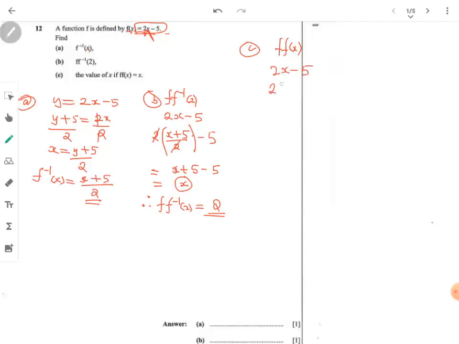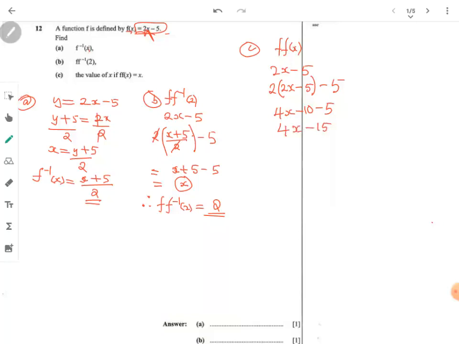So I'll say 2, I'll get another f, I'll put inside, only where there's x. I've replaced this x with the same function f. I'll now multiply this to give me 4x plus 10, sorry, minus 10 minus 5. This will give me 4x minus 15.